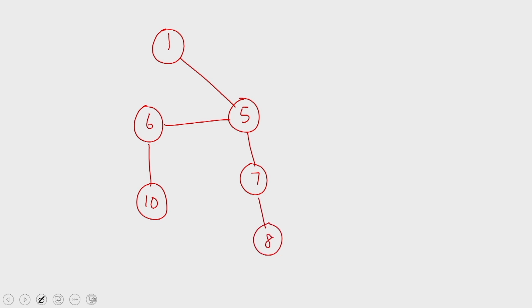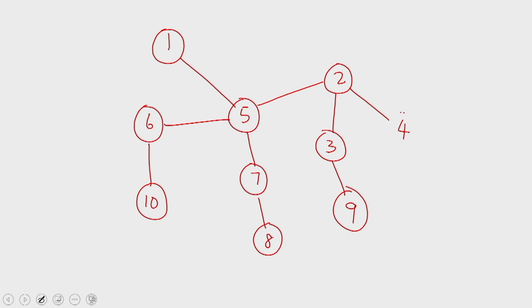So, let us say this is the graph that we have, which is acyclic and therefore, it is a tree. Given this tree in its adjacency list representation, which looks like this, there are 10 vertices in the tree.